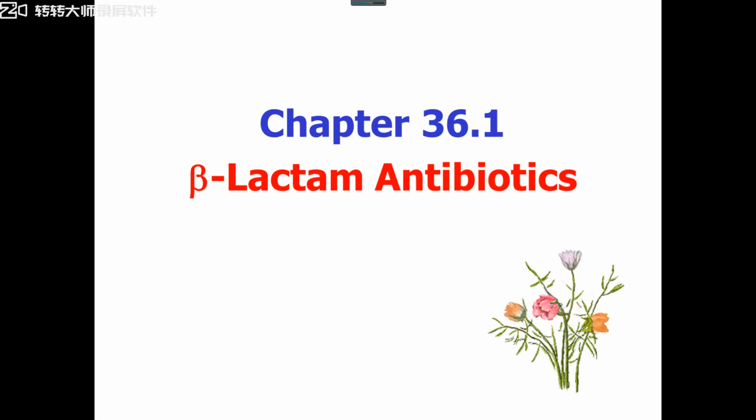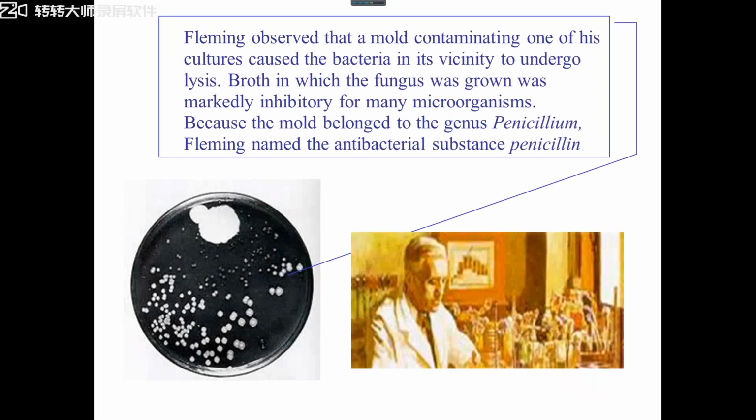The first kind of antibiotics, beta-lactam antibiotics. I think each of you knows the history of penicillin. In 1928, Fleming observed that a mold contaminating one of his cultures caused the bacteria in its vicinity to undergo lysis.